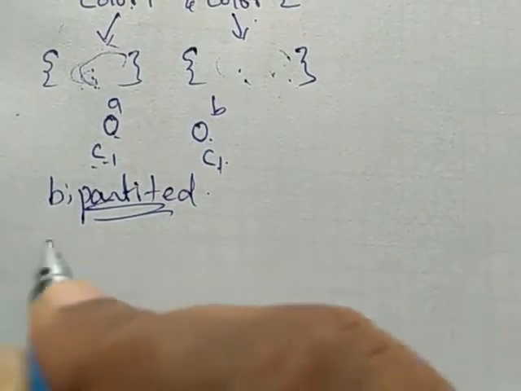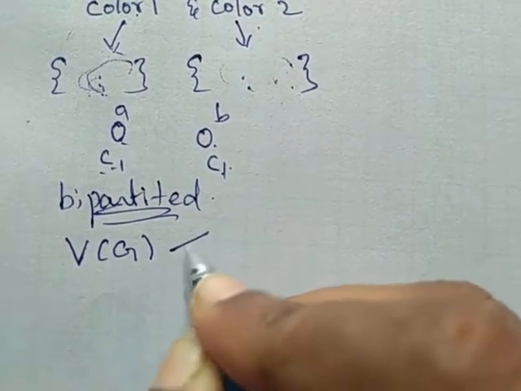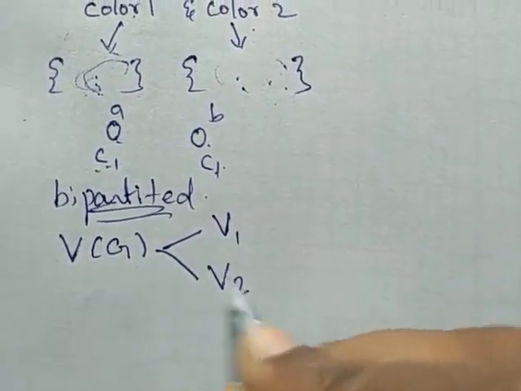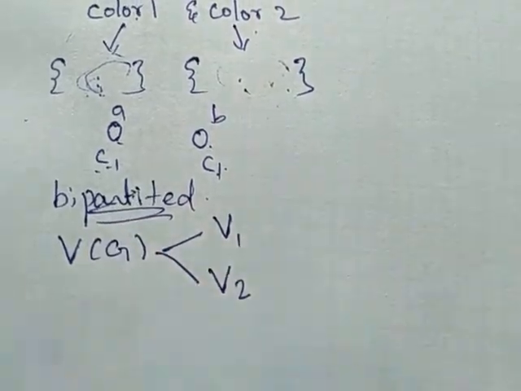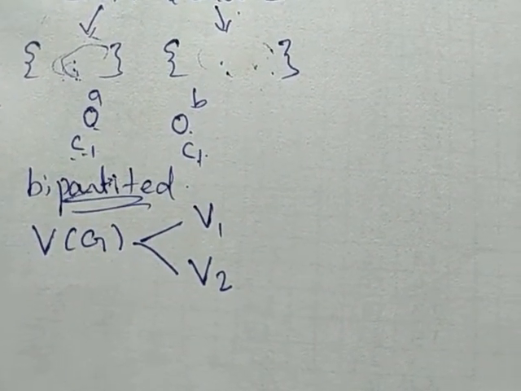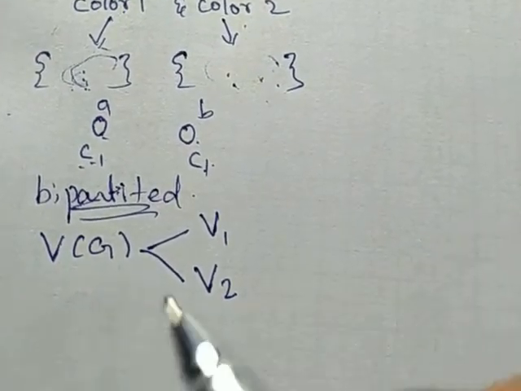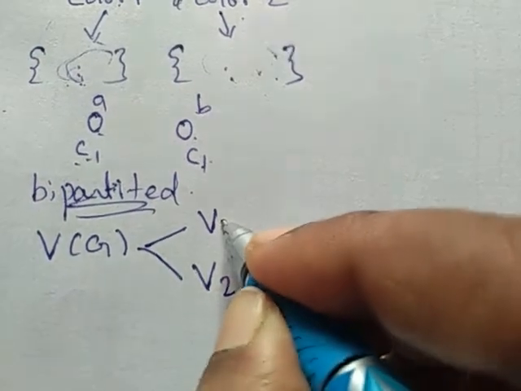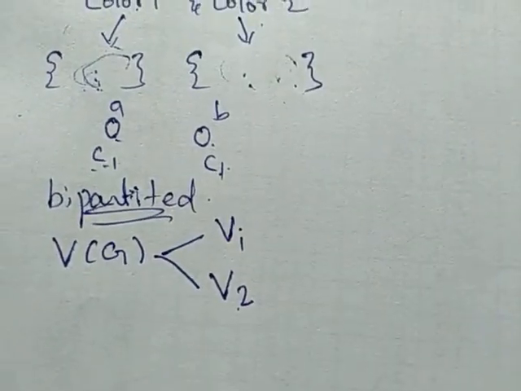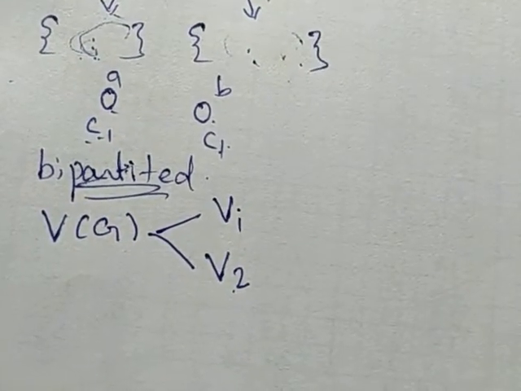Now we have vertex set V. This can be divided into two sets V1 and V2 because it is a bipartite graph. So we are dividing the vertex set V into V1 and V2 such that every edge in G joins a vertex of V1 with a vertex in V2. So that is the definition of our bipartite graph.